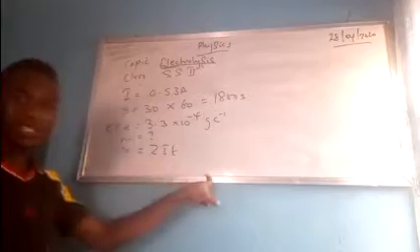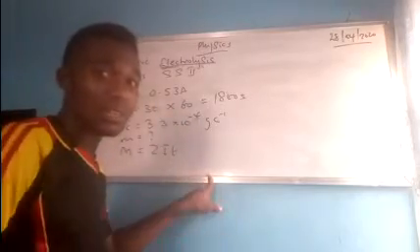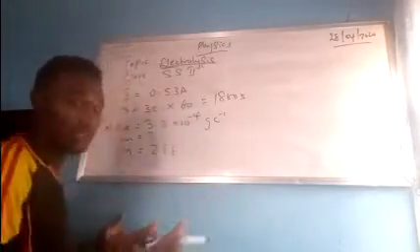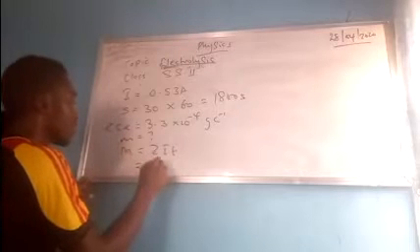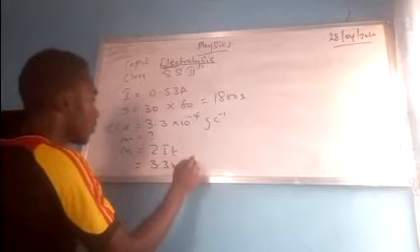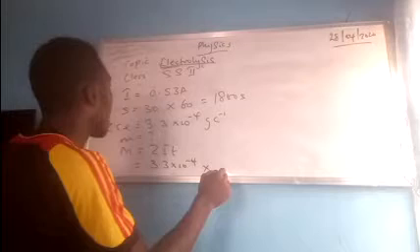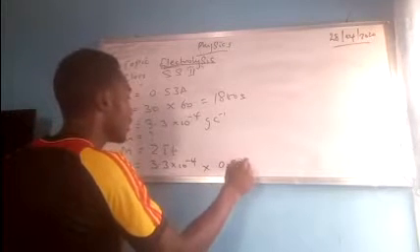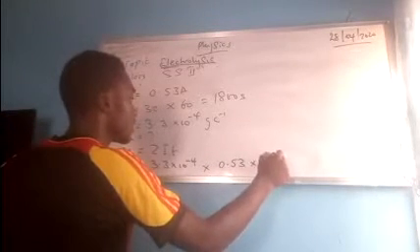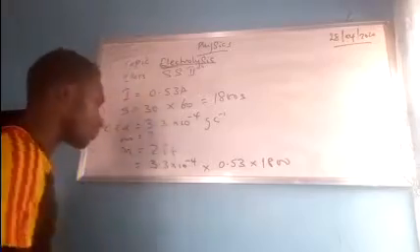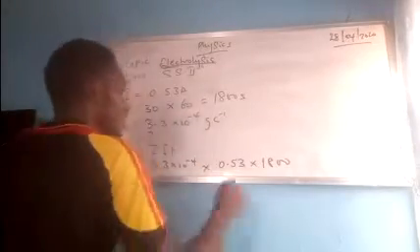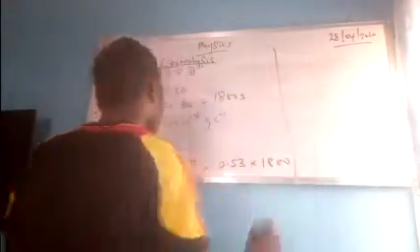Substituting directly, because it's very clear and straightforward: our Z is 3.3 times 10 to the power of minus 4, multiplied by our I, which is 0.53, multiplied by 1800.